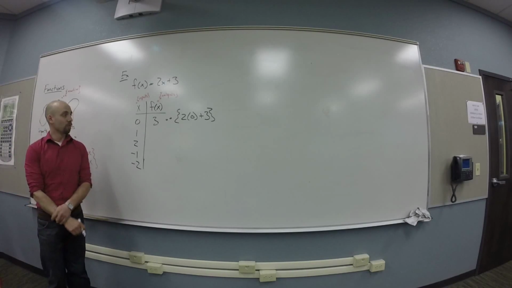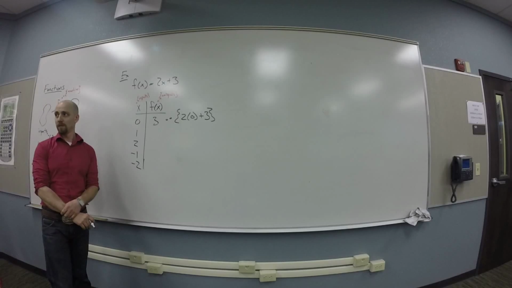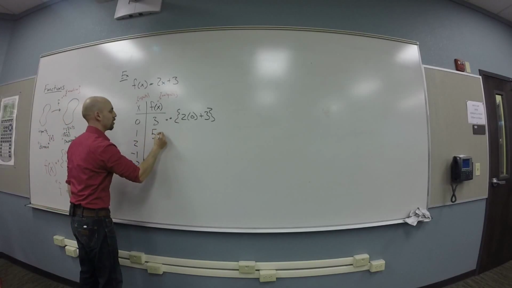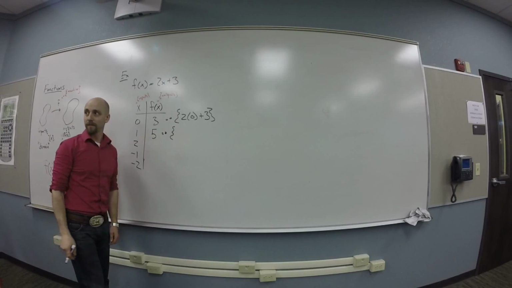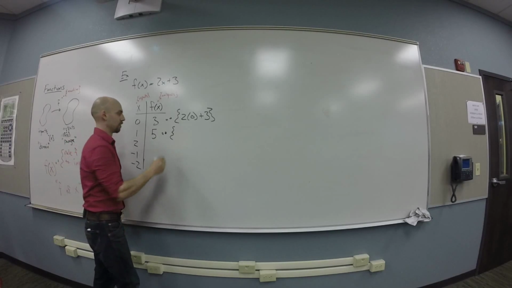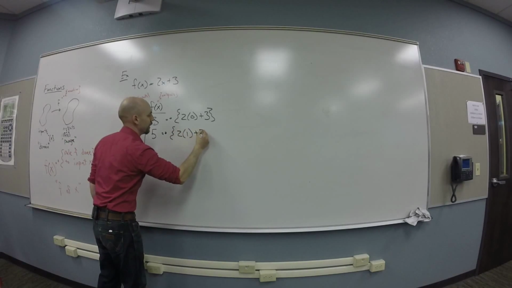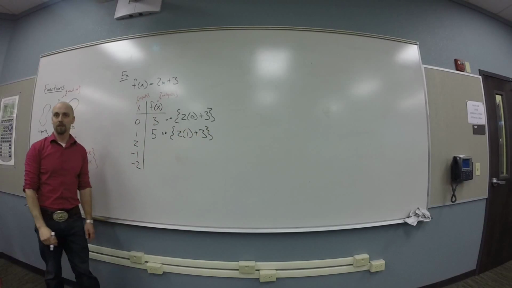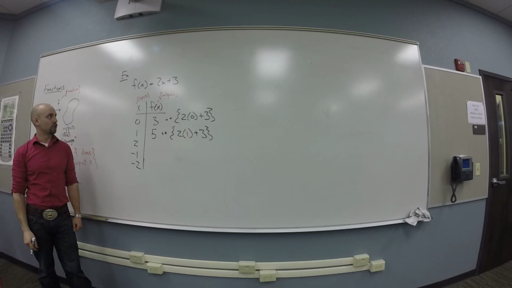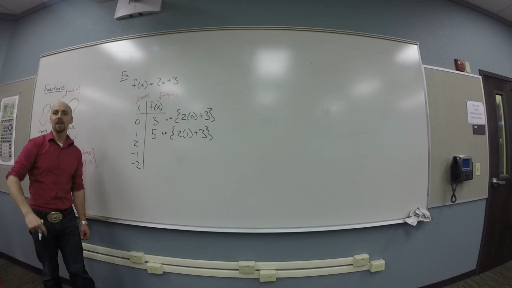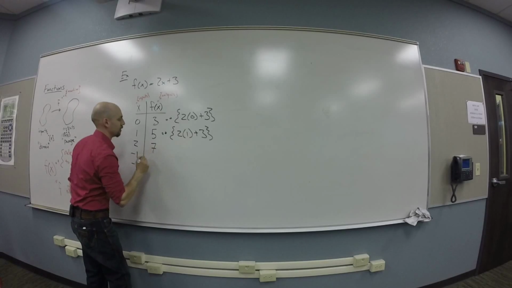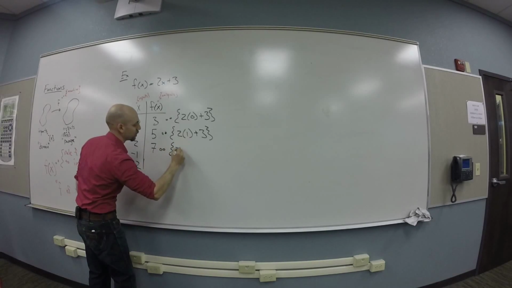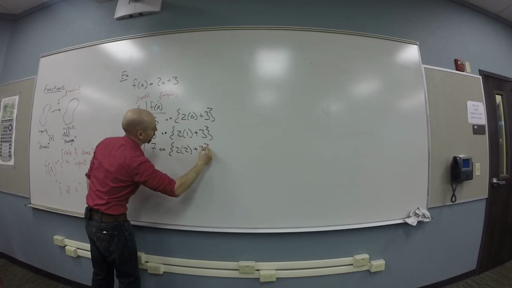Okay, what do I get when I plug 1 in? 5, which we're thinking of as 2 times 1 plus 3. Okay, how about 2? 7. It's going to be the output of the input 2, right? So for this, I'm thinking this is 2 times 2 plus 3.